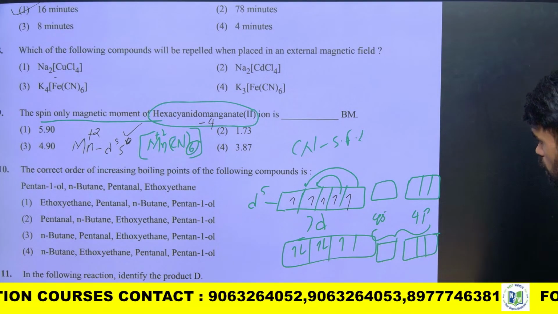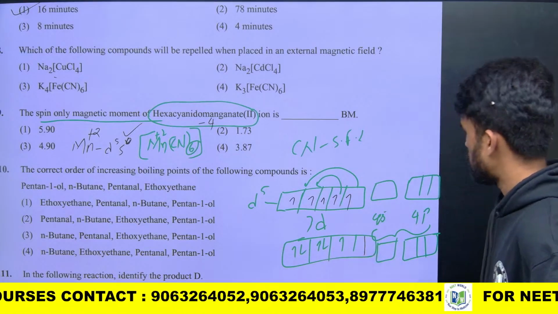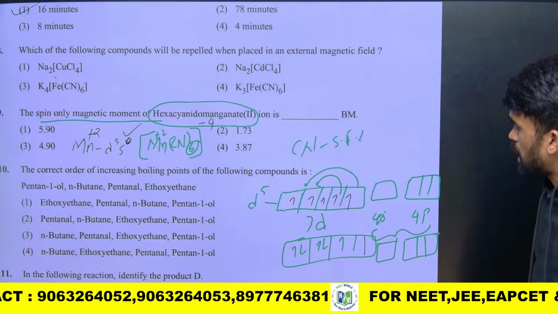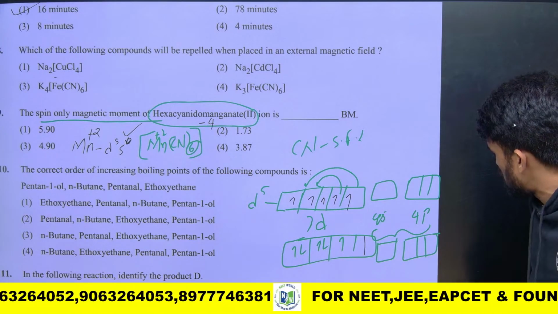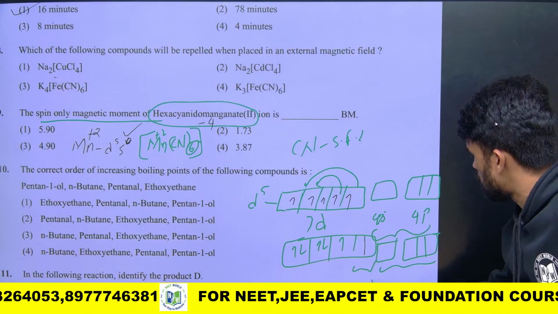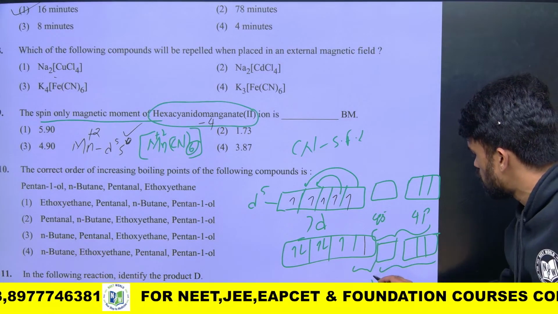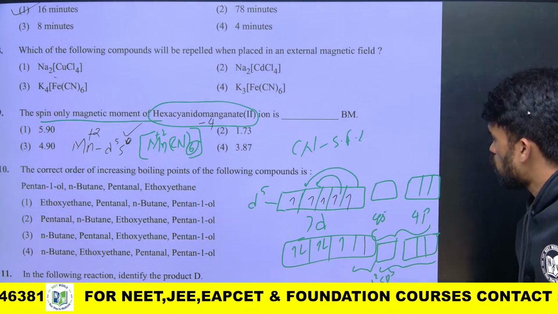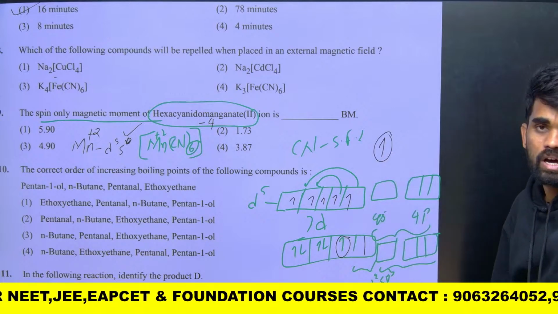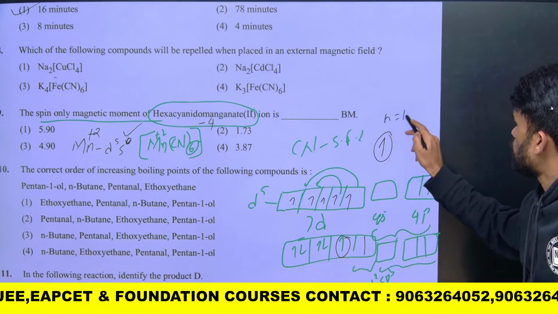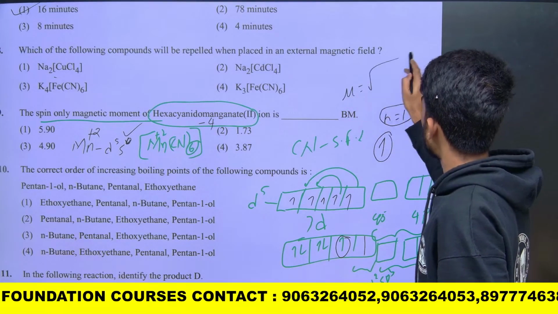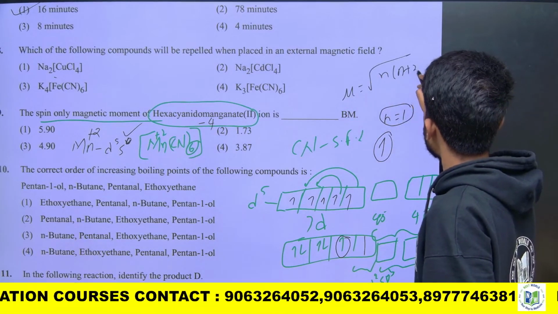So after pairing these, do we have 2 vacant orbitals possible? Yes, here we have 4, here we have 2. So the orbitals involved are d2sp3. How many unpaired electrons are there? 1 unpaired electron. So n equals 1. You can take the magnetic moment formula root over n into n plus 2 Bohr magnetons.